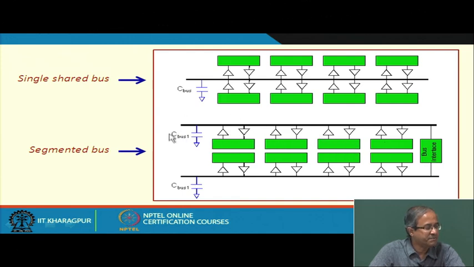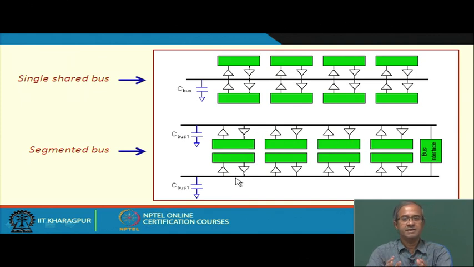So, the individual parasitic capacitances will be much less, smaller than C bus. Secondly, now each driver, earlier it was driving 8 loads, a fan out of 8, now it is having a fan out of 4 plus this bus interface, much less. So, the parasitic capacitance will be less, C will be less.